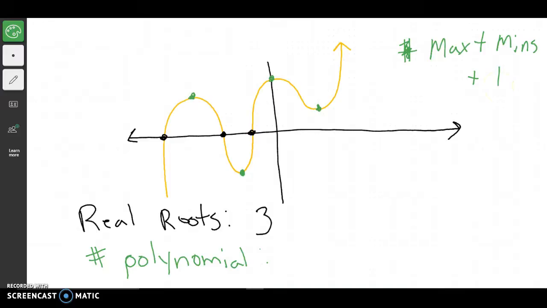So this has 1, 2, 3, 4 maxes and mins, and 4 plus 1 gives me the degree of the polynomial. So this would be a degree 5. The real roots are how many times it crosses the x-axis, and the degree of the polynomial is how many maxes and mins we get, plus 1.